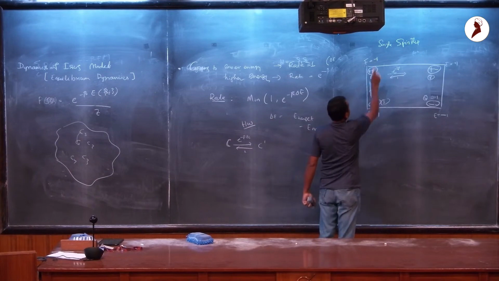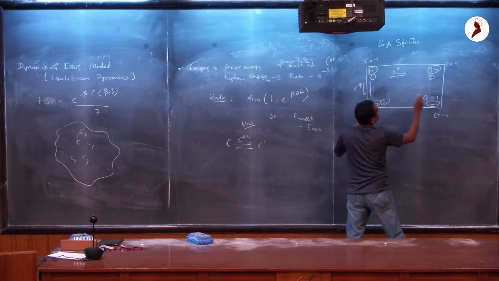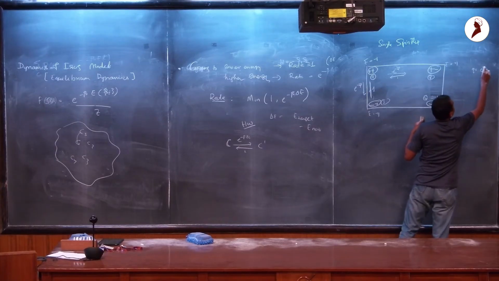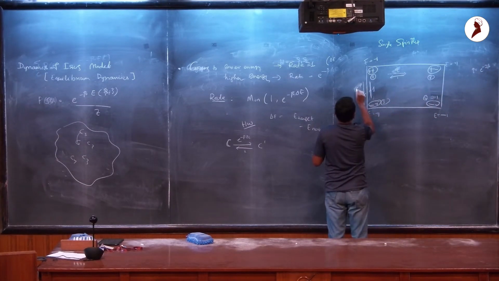Plus 1 to minus 1 is 1, and the other is e to the power minus 2 beta. I will write q for e to the power minus 2 beta. So this is q and 1.